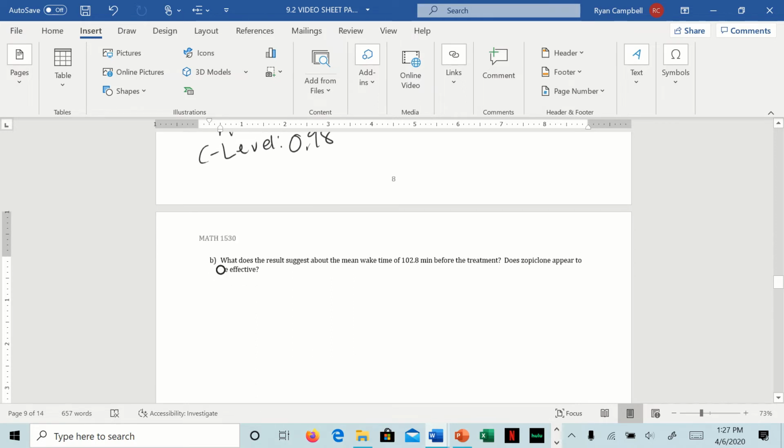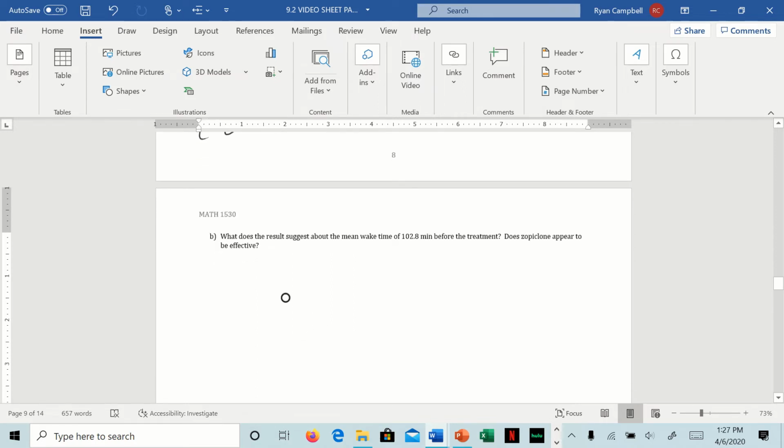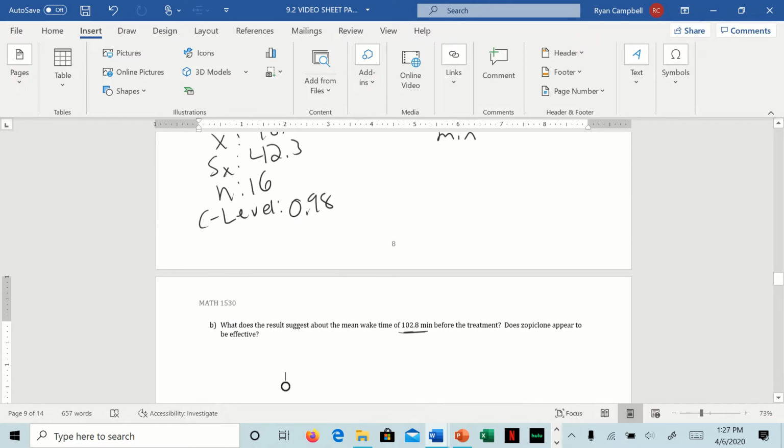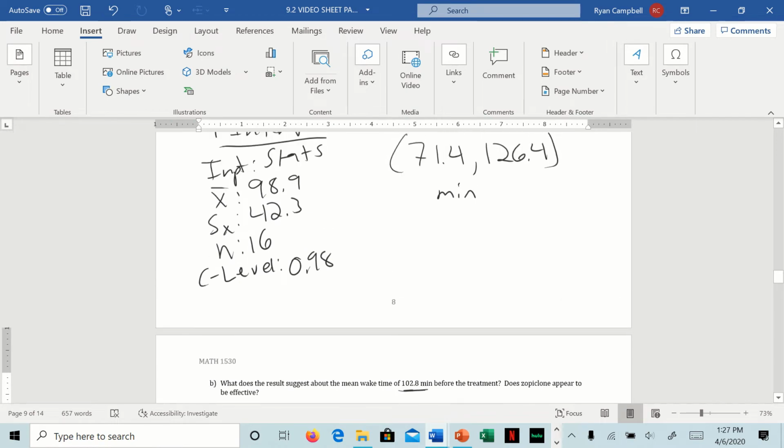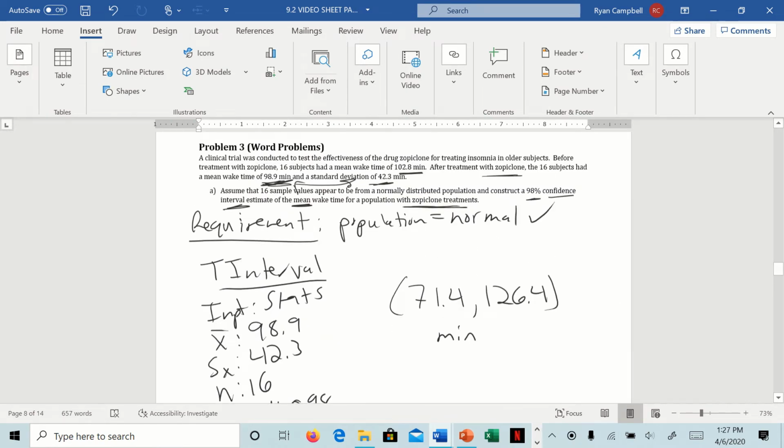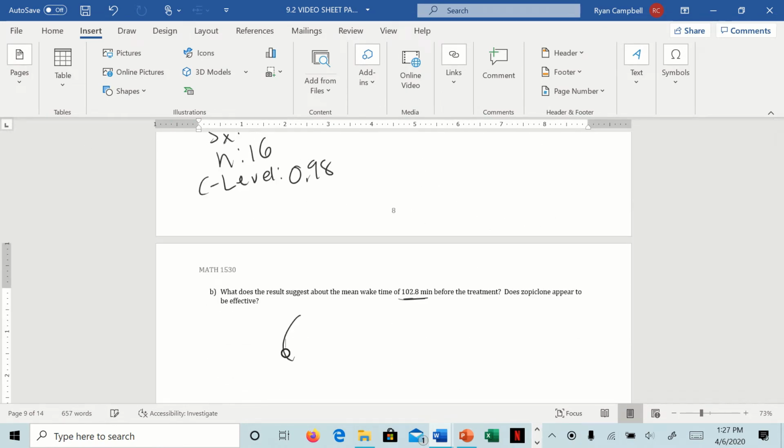So, part B. What does this suggest about the mean wake time of 102.8 before treatment? Does the Zopiclone appear to be effective? So that's the same question, the second question just might be a little easier to understand what I'm actually asking for. All right, so our confidence interval.